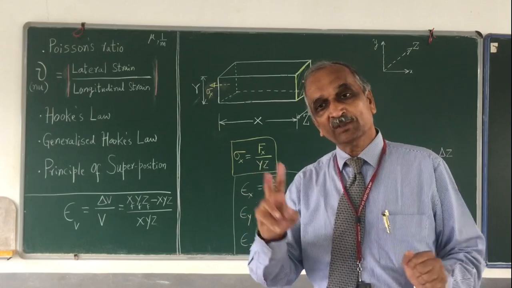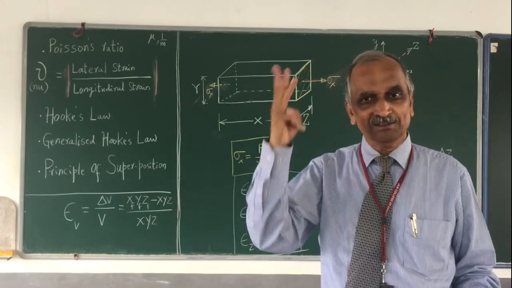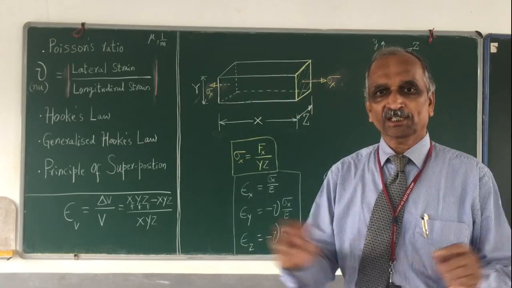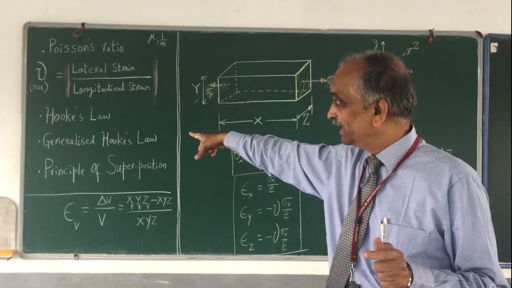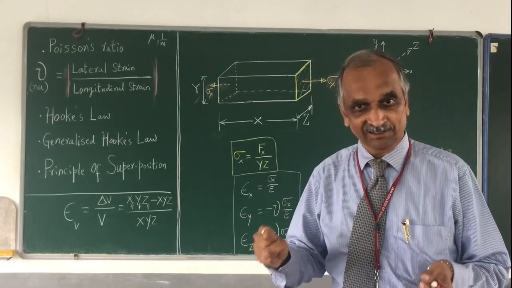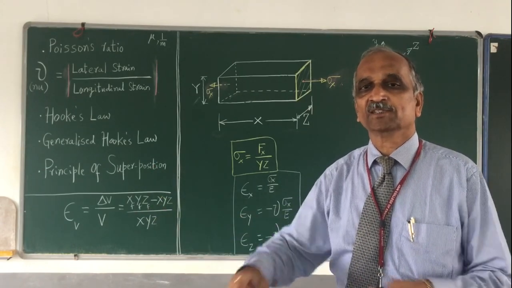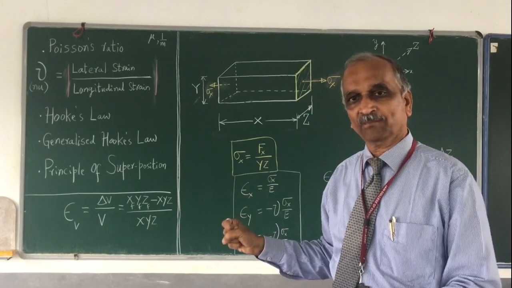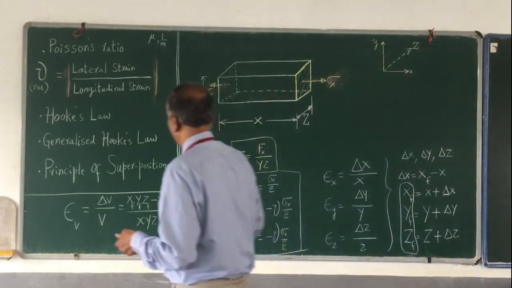Then I have loads in all possible directions. In general, it is three dimensions: x direction, y direction and also z direction. That's what I mean by generalized. In general, the load is in all the directions, not only along x, not only along y, and also z. That is what I would like to expand.